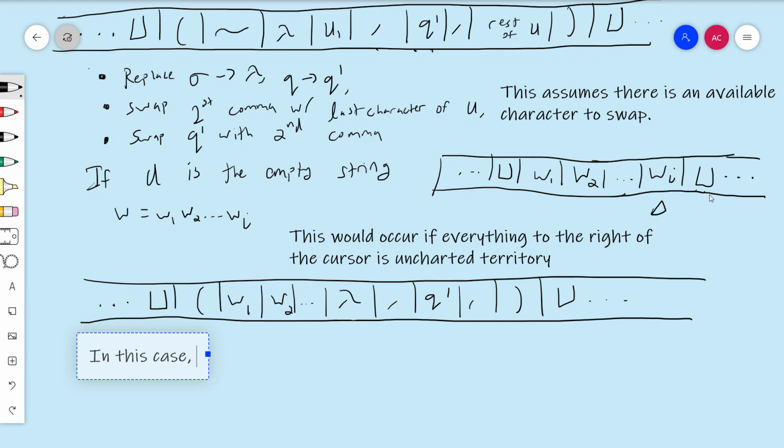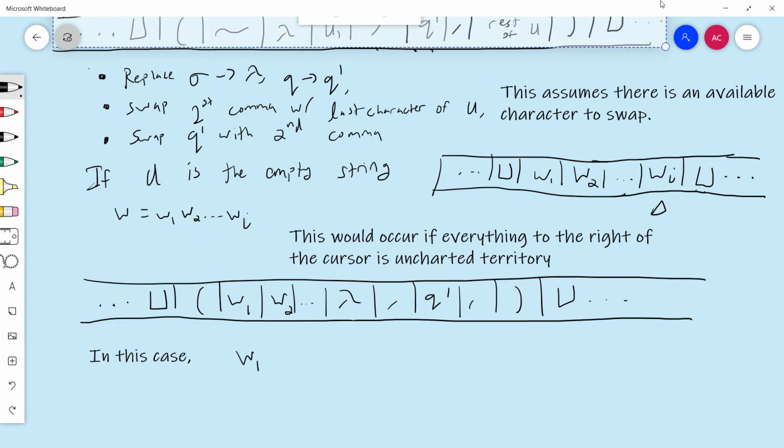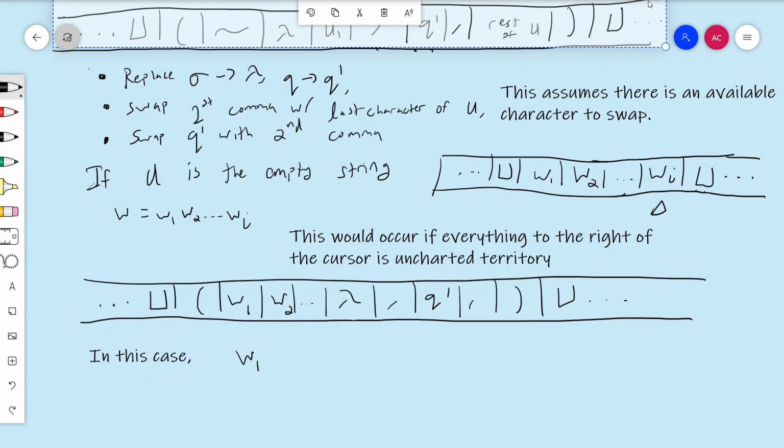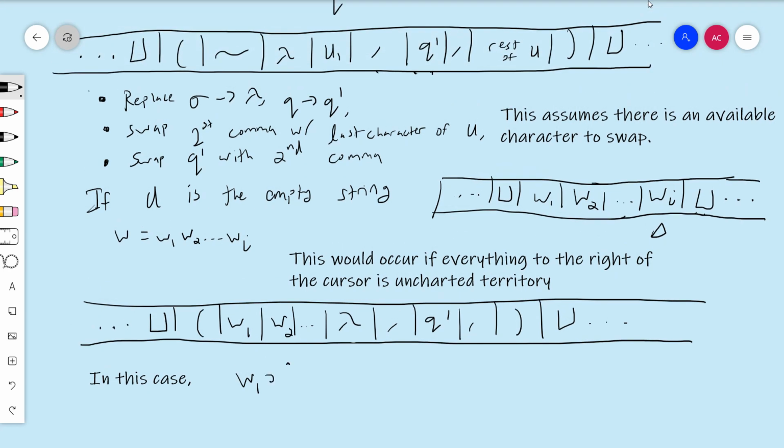Well, if my cursor is over here, then technically what I have is a coded blank that is now on the side of W. So what I need W1, W2, ... Wi, this string that represents the left side of the tape, to be replaced with is W1, W2, ... lambda instead of Wi, and then a blank.